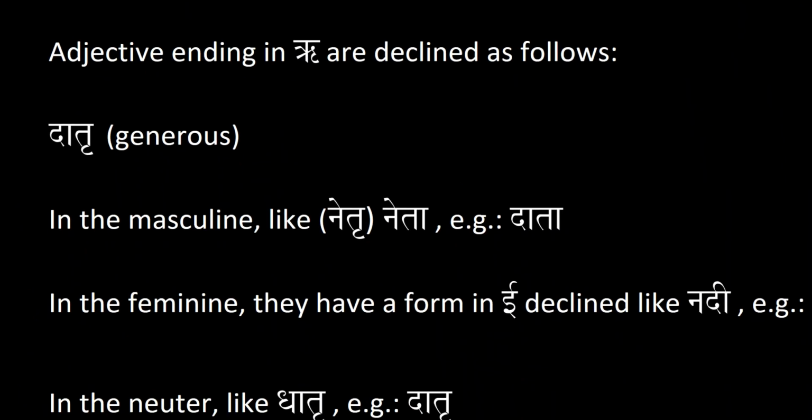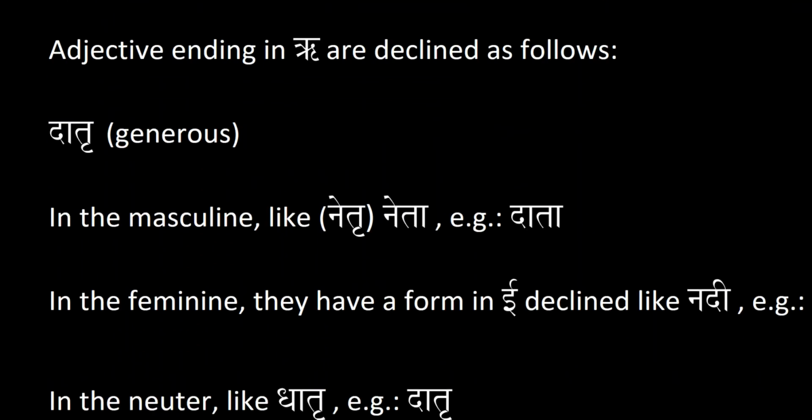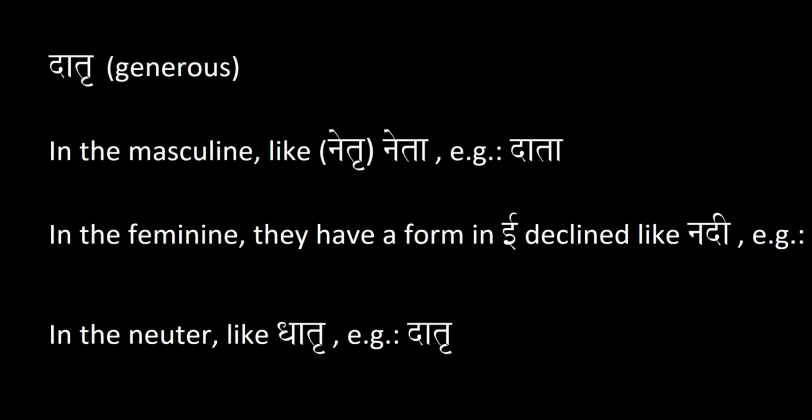The example adjective that we are going to work with today is datari, which means generous. In the masculine, it would be declined like netri. So nominative singular netri becomes neta, and then it would be data, for example.